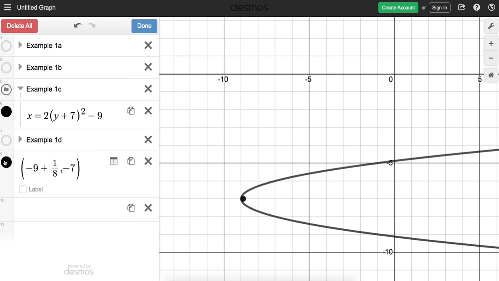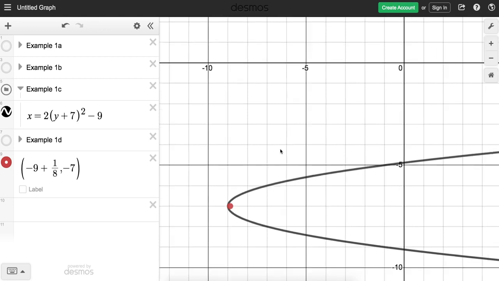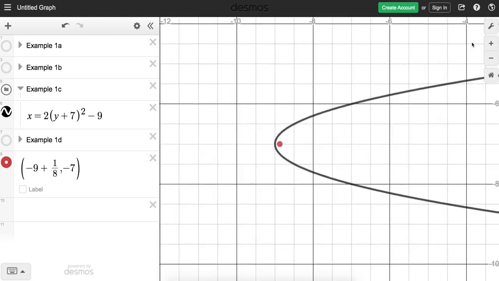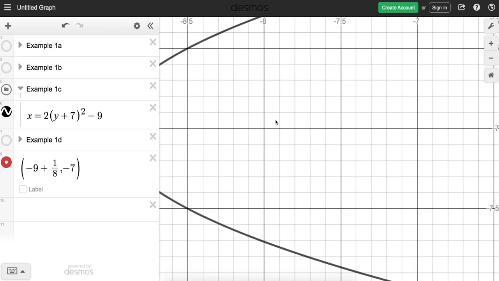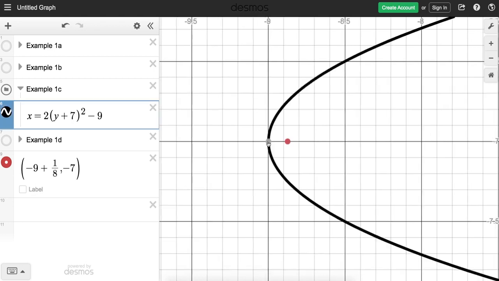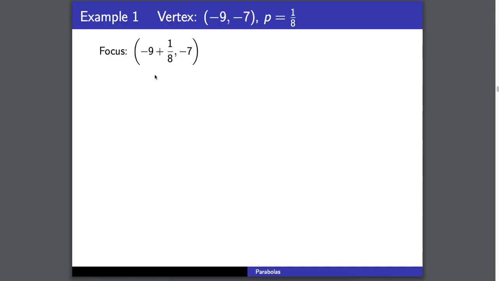Let me change the color here. I'll go red. All right, and then zooming in, so it's easier to see. So here's our vertex at -9, -7. Going to the right 1/8 of a unit means we're going to add 1/8 to our x-coordinate of -9. And then -9 plus 1/8 gives us -71/8 for x and -7 for y.